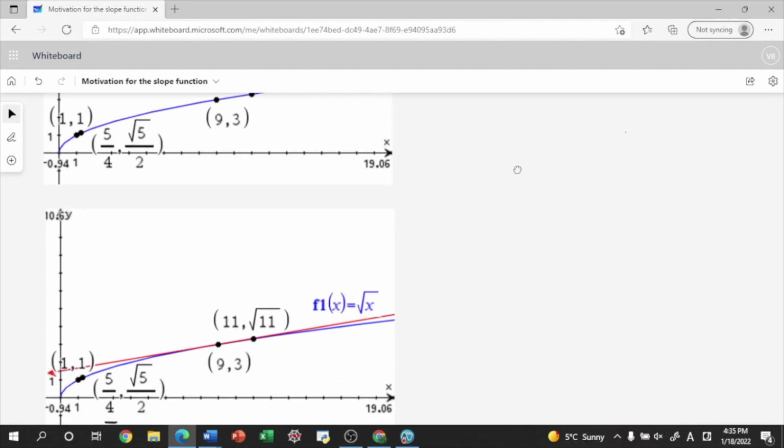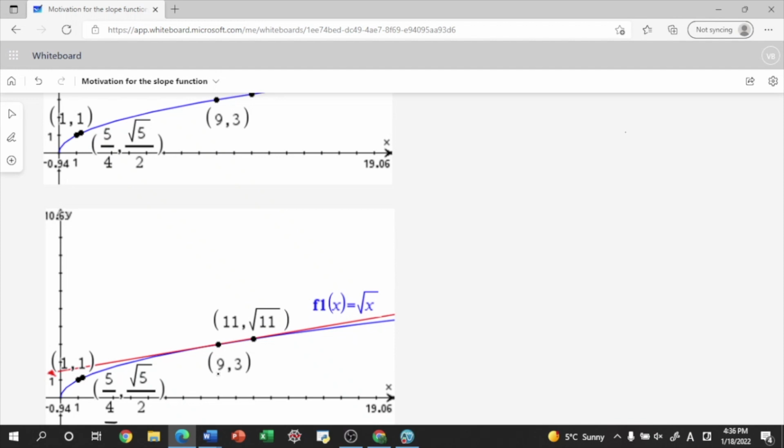If we introduce the tangent line to the point (9, 3), which I've done over here, this red line is tangent to the curve y is equal to the square root of x at the point (9, 3). We can see that this red line is a very good approximation to the blue curve in the vicinity of x is equal to 9. The reason that we've done this is because thinking about curves is hard, but thinking about lines is easy.